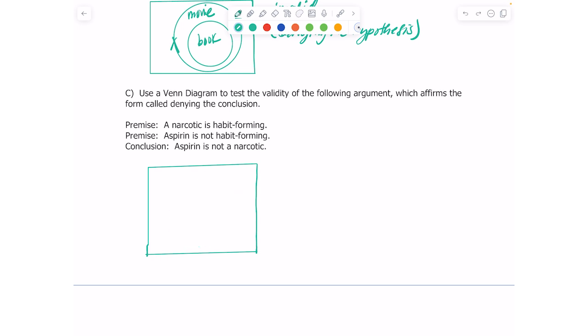Let's try that again. Okay. So we've got narcotics being habit forming, right? And it says aspirin's not habit forming. So we've got habit forming here, and we know that our narcotics are habit forming.